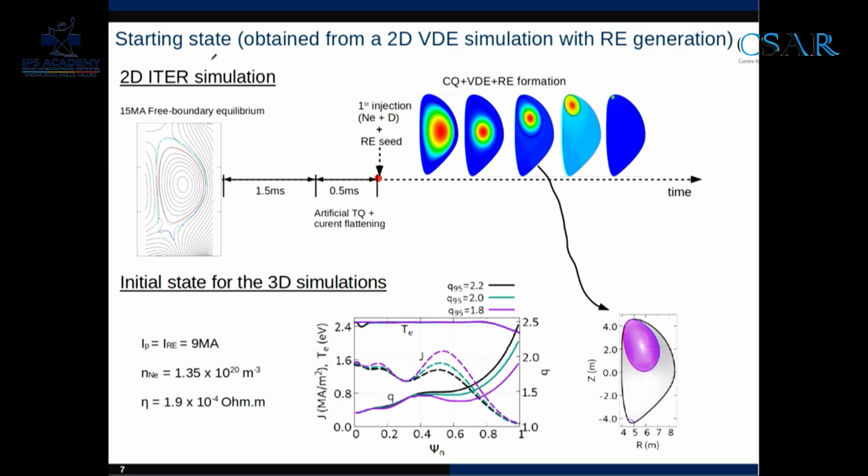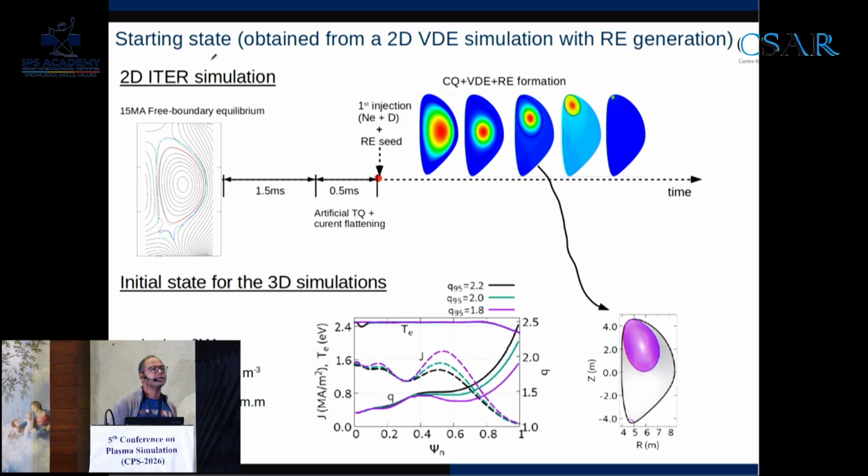This is a plasma with roughly 9 megaamp of total plasma current, all of which is carried by the runaway electrons, and we have a neon content of the order of 10^20 particles per meter cubed and a resistivity of the order of 10^-4 ohm meter. With this as the starting stage for 3D, we introduce a perturbation and see what happens.